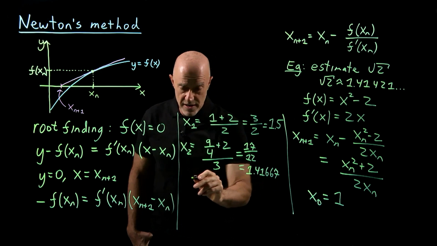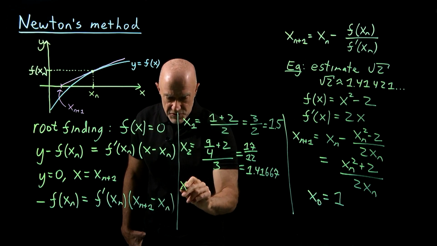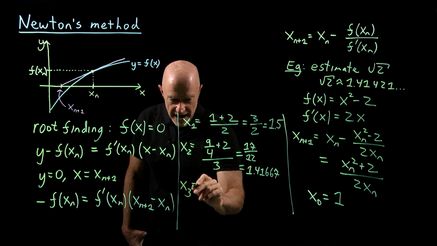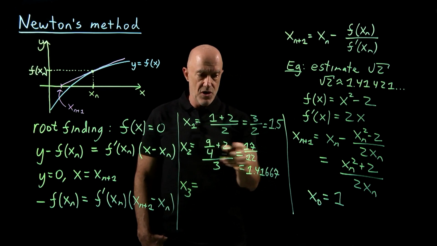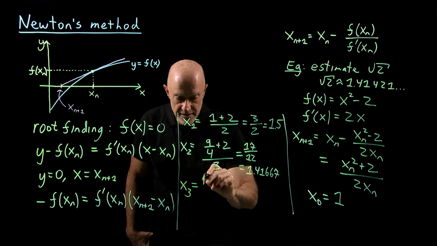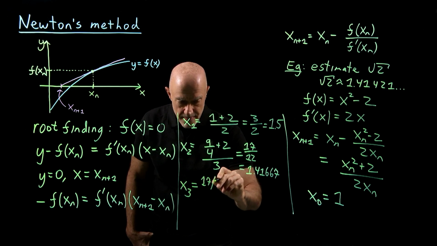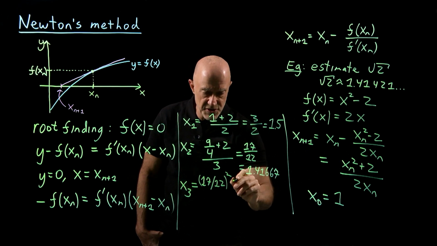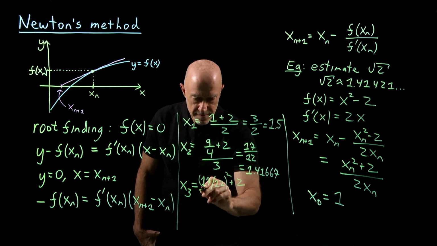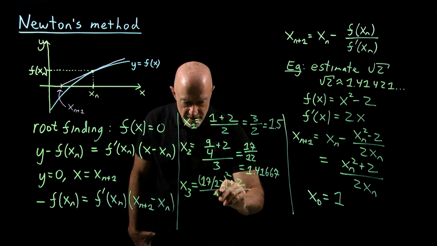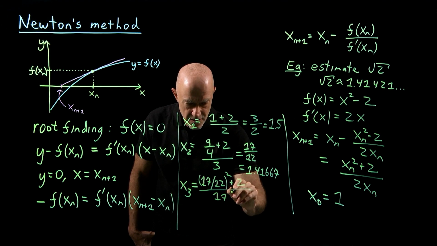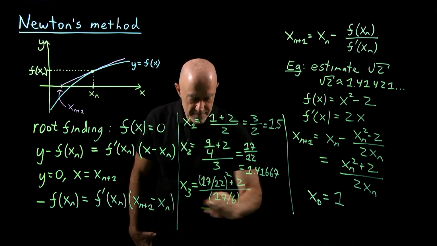I'll do one more before it becomes too painful. So x3 then will be x2 squared. So it's 17/12 squared, plus 2, divided by 2 times 17/12, which is 17/6.